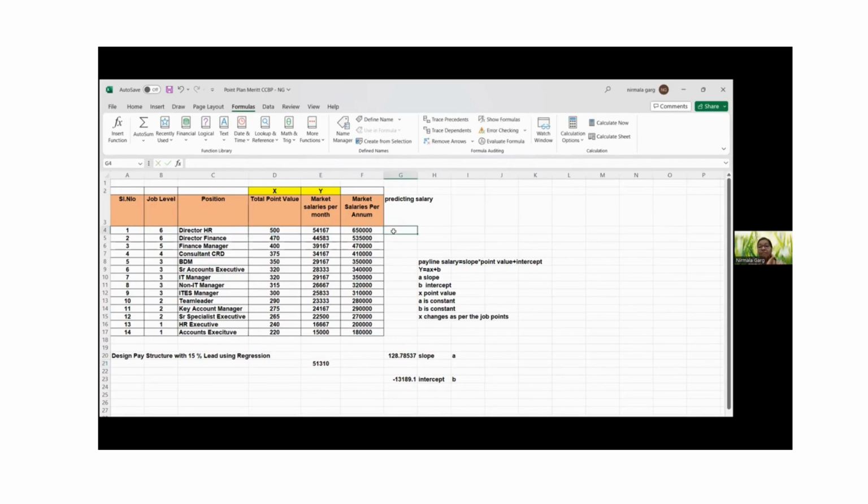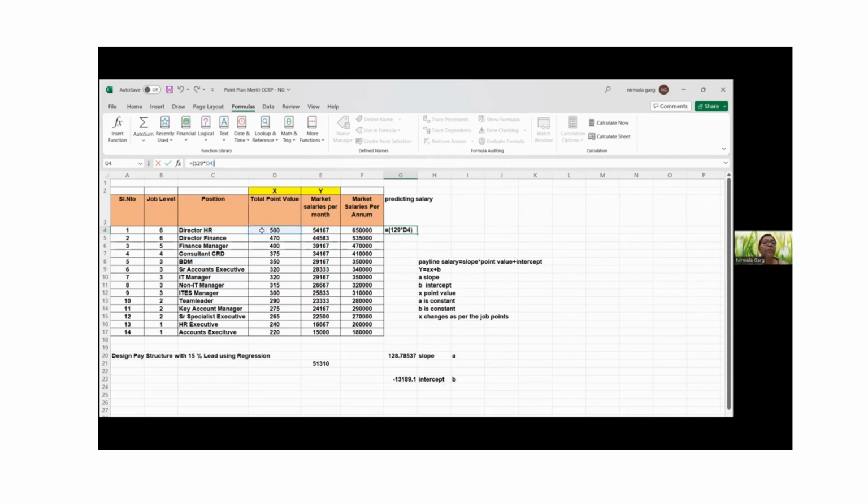Oh, I should have put that there. So I'm just repeating the task here. What am I doing first? Equal to, and then, quickly guys, A is what? 129. Then multiplied by the point value, which is D4.